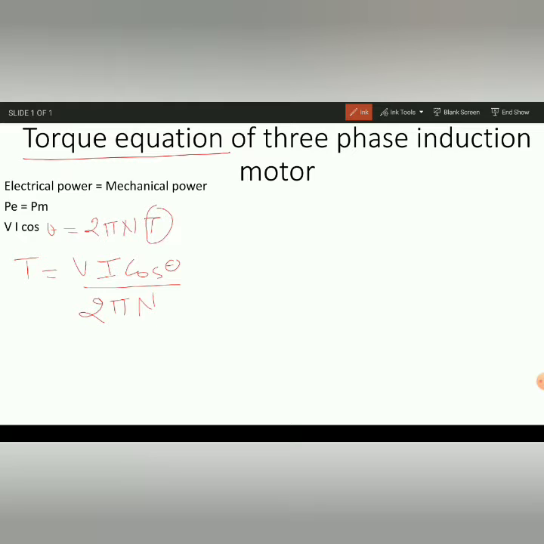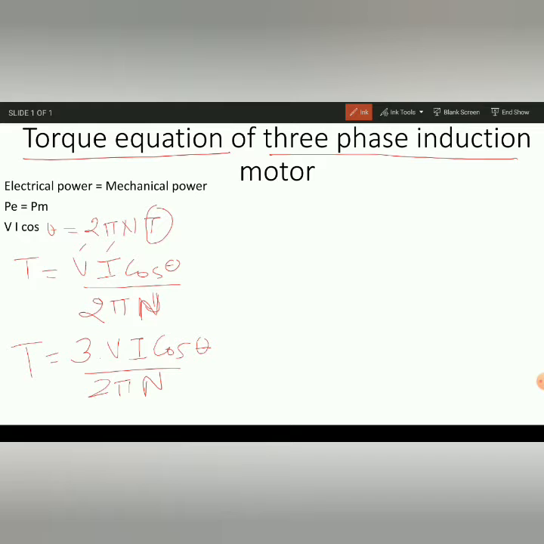Here we have a three-phase induction motor. If we consider this as single-phase voltage, then we have to multiply by 3. Then it becomes 3 VI cos theta divided by 2 pi n.